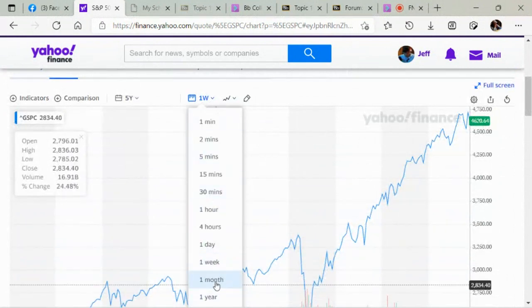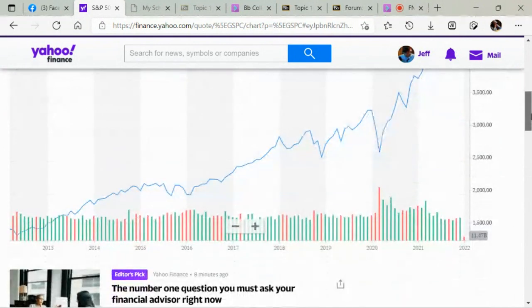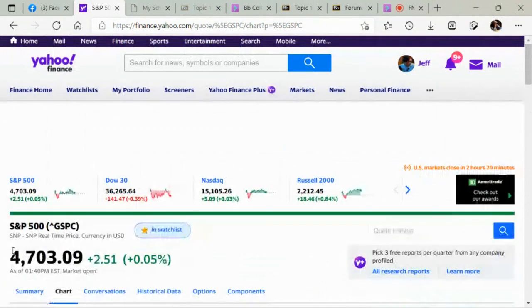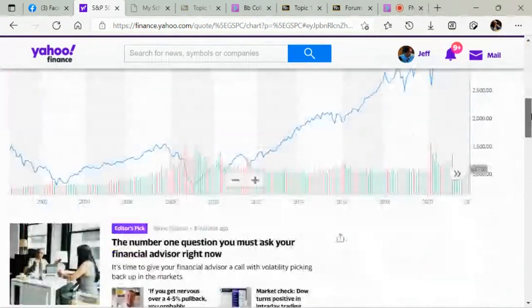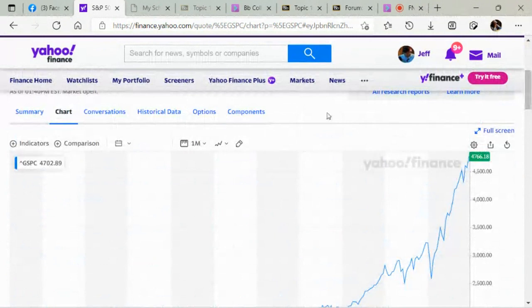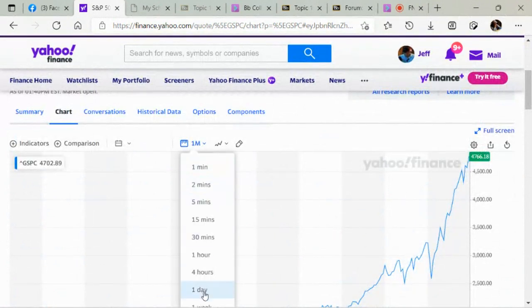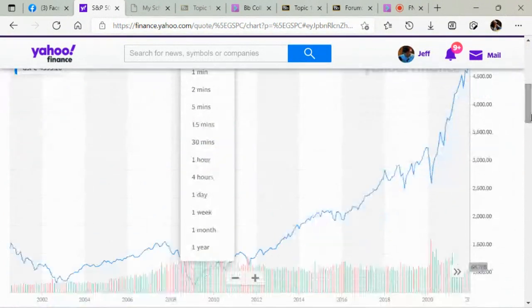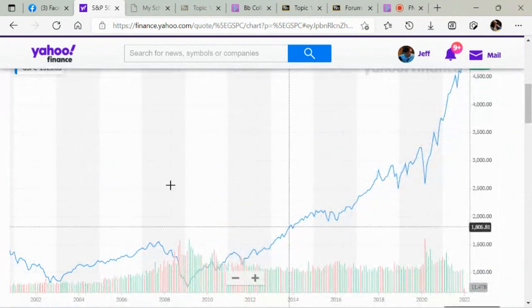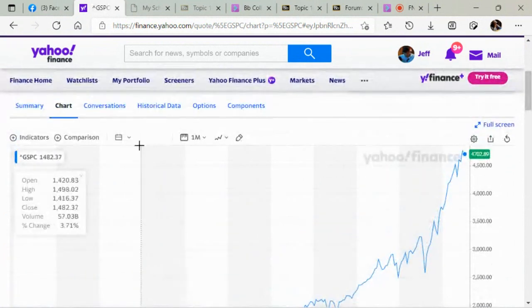Weekly, monthly. Let's look. This was starting from, let's say, 2012. Of course, it was spend longer. Oh, monthly. Let's take a look at monthly. Even annual.